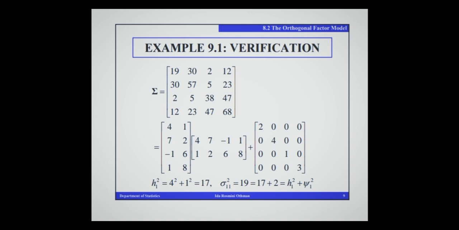Okay. So dekat sini kalau you tengok, kita nak cari communalities untuk first variable, maksudnya h1 square lah, communalities untuk first variable, h1 square, 4 square which is the factor loading, first variable first factor, plus 1 which is the factor loading untuk first variable second factor, which is 17. So daripada situ kita boleh cari the variance sebenarnya.